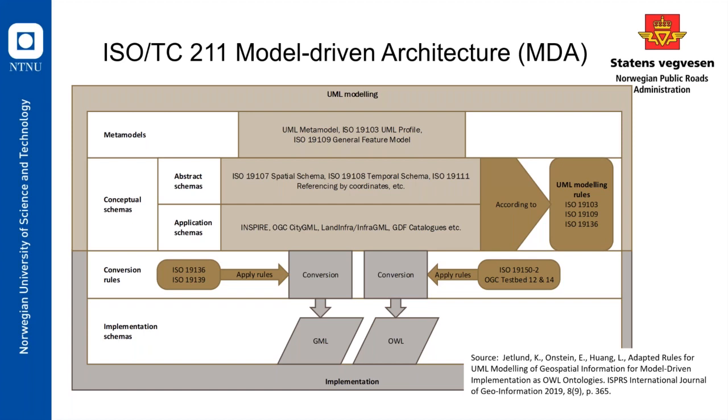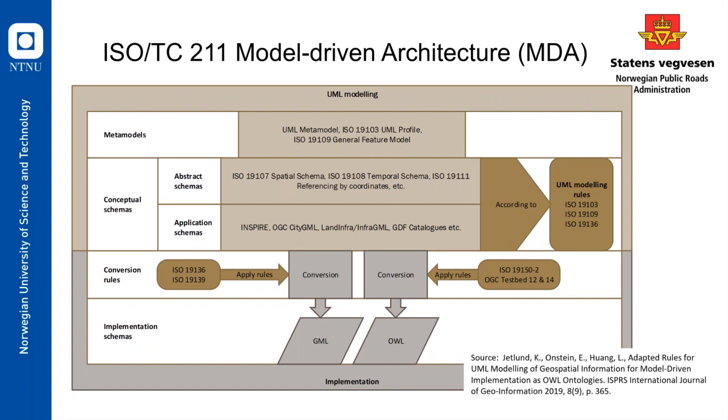Then we have some abstract conceptual models that describe how we define geometry, how we define time, how we define coordinate reference systems, and so on. And in the application schema level here, we have the more specific models, like we have in Europe with the Inspire models, like OGC have CityGML, and so on. And this is also where the TNITS model shows up.